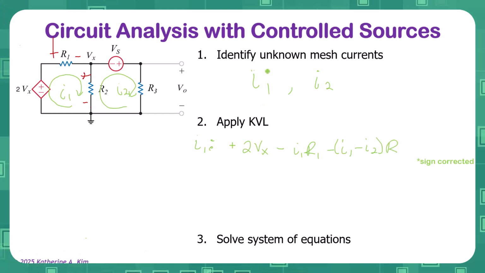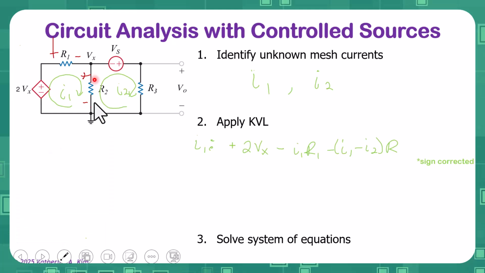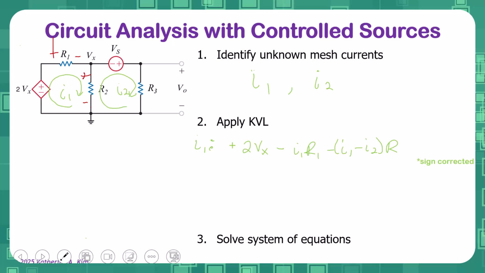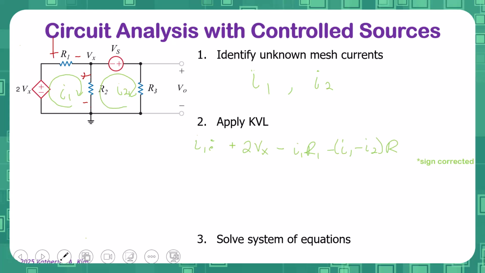Remember, because in this middle one, the current through that resistor is affected by both I1 and I2. So we have to include those both there. Then we've gone all the way around our loop, so we can see our circuit equation written there, KVL. Okay, let's write the next one, and then we'll talk about how to deal with the Vx there.